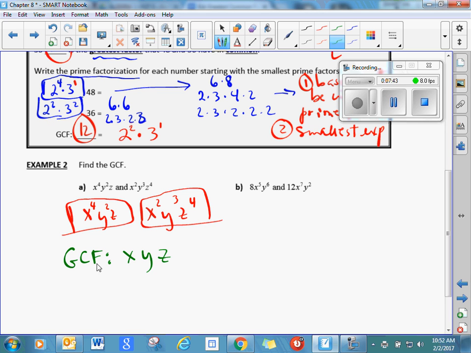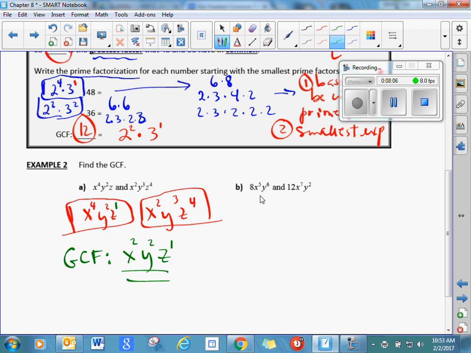They have to have them in common. And now we're going to take the smallest exponent I see on each of these variables. So x to the 4th, x squared, I'm using the 2. Y to the 2nd, y to the 3rd, I'm using the 2. Z to the 1st and z to the 4th, z to the 1st. That's the GCF between these two factors.